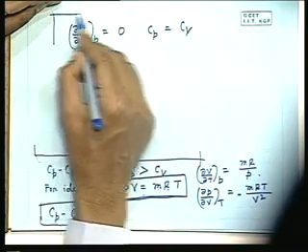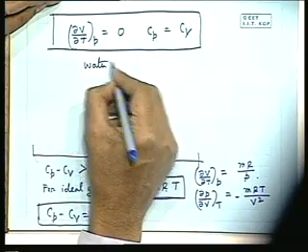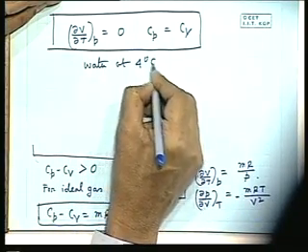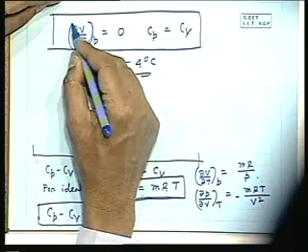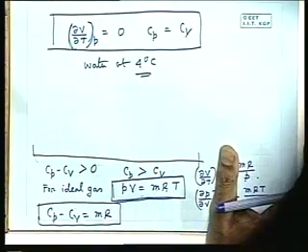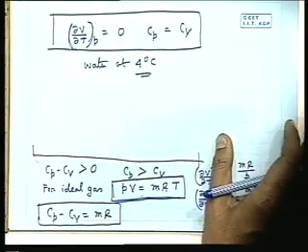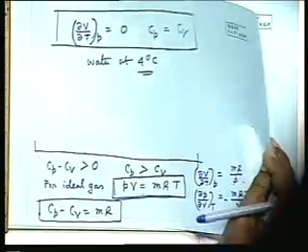This is the case fulfilled by water at 4 degrees Celsius. At 4 degrees Celsius, del V del T at constant pressure is 0 because water reaches its minimum volume for a given mass, the minimum specific volume. So del V del T is 0. So these are a few important relationships.